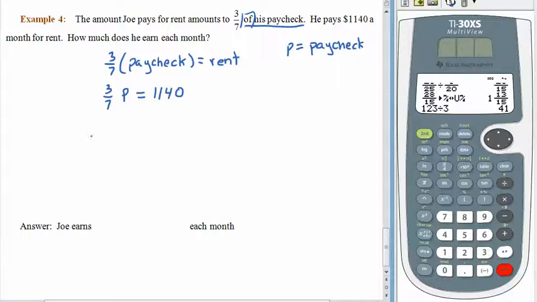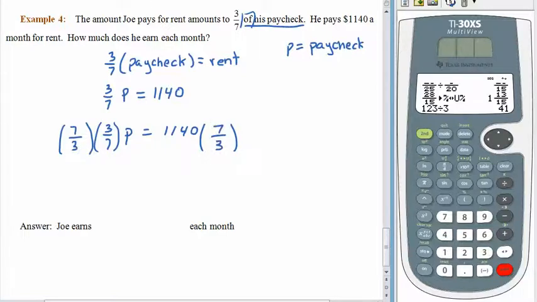Okay, so let's just bring this line down. 3/7 is being multiplied by P, and I have 1,140 on the right-hand side. So what I want to do is multiply both sides by the reciprocal of 3/7. And of course, the reciprocal of 3/7 is 7/3.